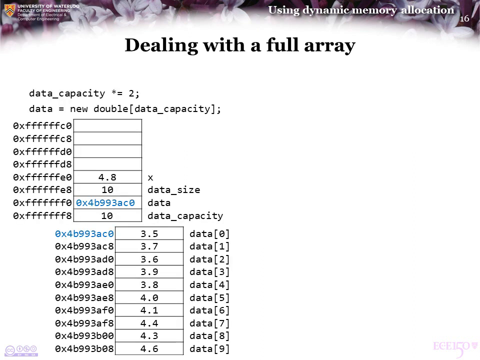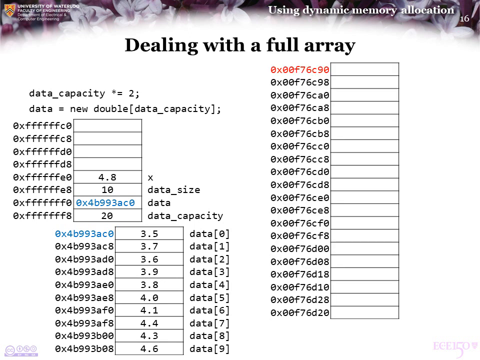Alright, let's try that out. So we've doubled the capacity. So now the data capacity is changed from 10 to 20. We now assign data a new array of that new capacity, and so that is the result of the call to new.